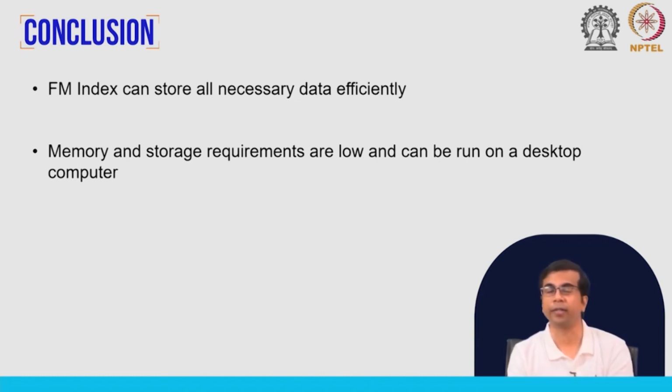Suffix array and hash table take about 12 to 15 GB of memory for storing human data. Here you can get away with only 1.5 GB. So, it is almost 10 times less, which means you can now run this mapping on your desktop computer quite easily.